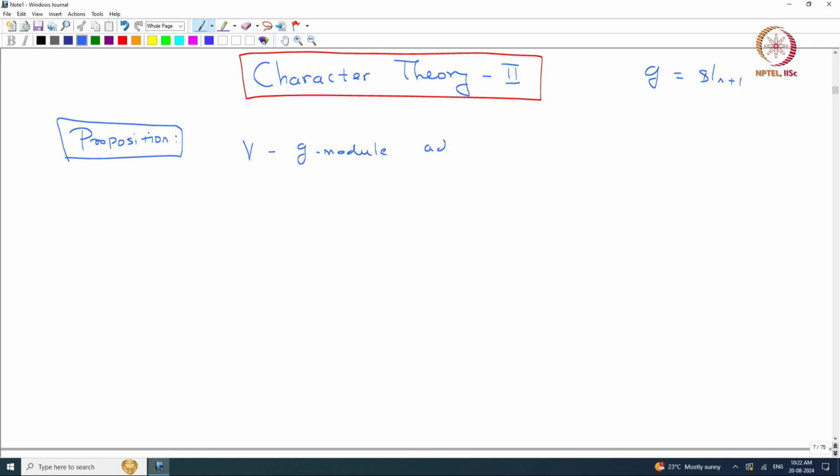Let us say it admits an H character. Suppose this is given.